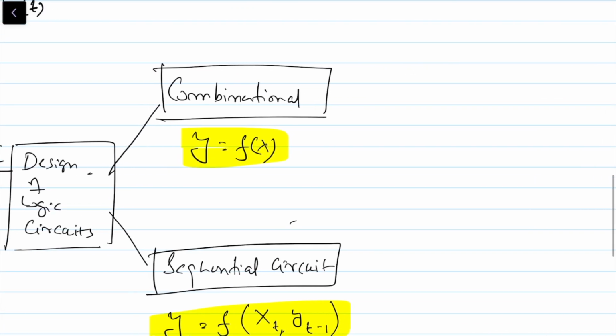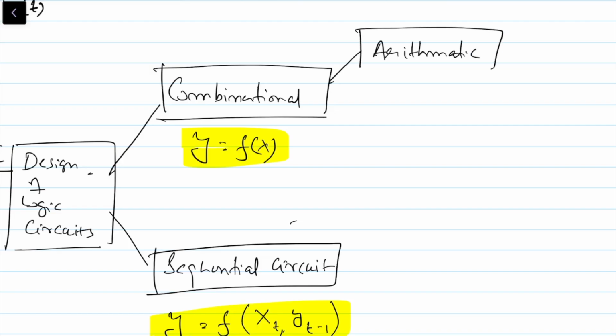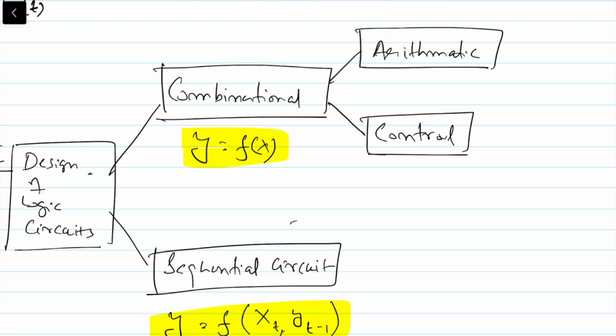Inside the combinational logic, we'll mainly study two types of logic circuits. One is the arithmetic logic circuit, which will be helpful to build the ALU, and the control circuit, which will be helpful to build the control unit.